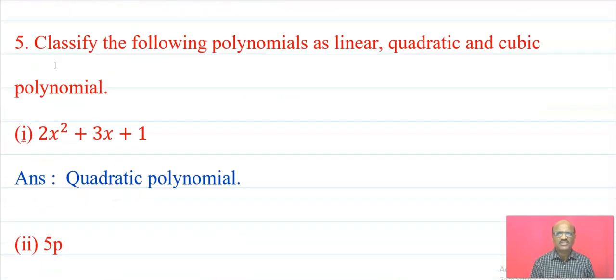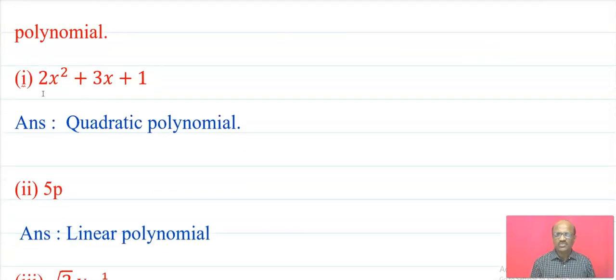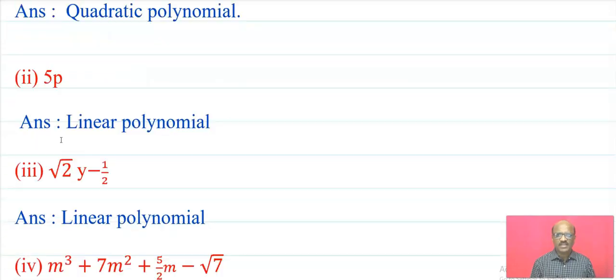Now, the next question is classify the following polynomials as linear, quadratic, and cubic. Linear order is 1, quadratic order is 2, and cubic order must be 3. Now, here is 2x square plus 3x plus 1. It's a quadratic polynomial. 5p, it's a linear polynomial because the degree of this polynomial is 1.